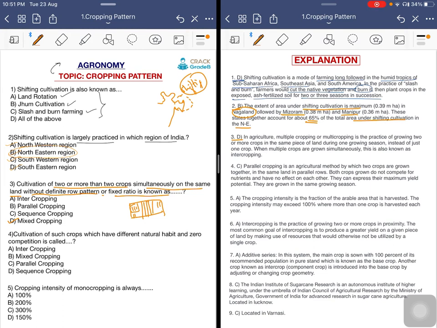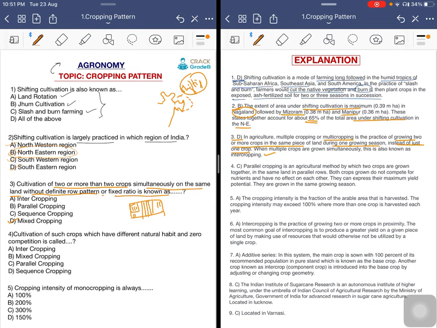In agriculture, multiple cropping in mixed cropping is a practice of growing two or more crops in the same piece of land during one growing season instead of just one crop. This is also known as intercropping, but it is not in a definite row fashion; that is important.